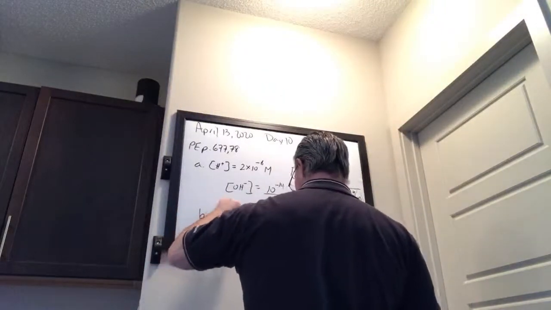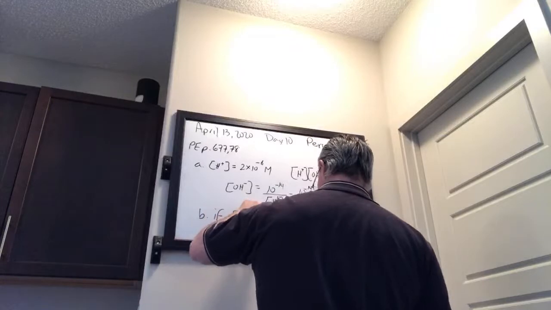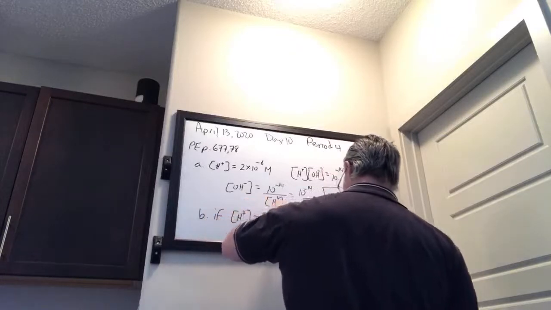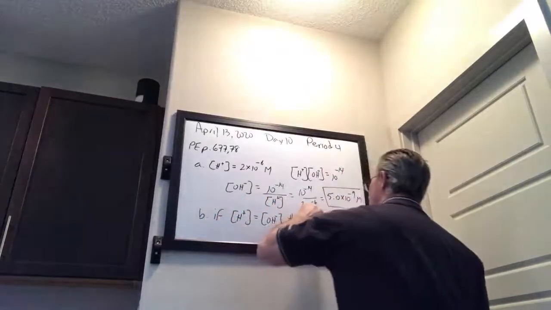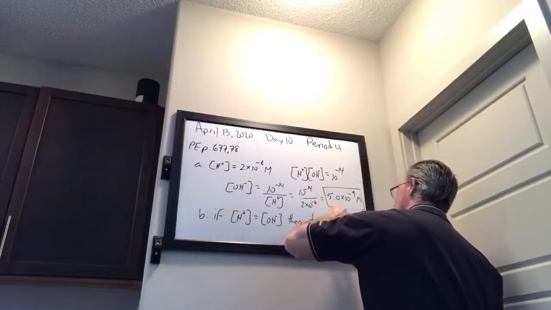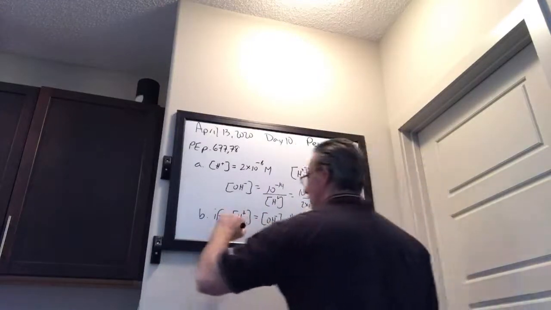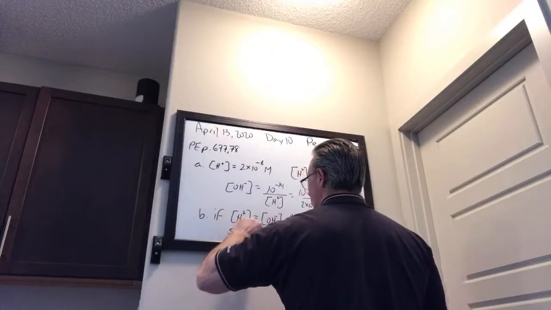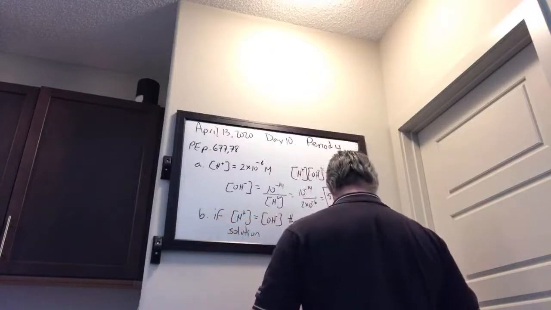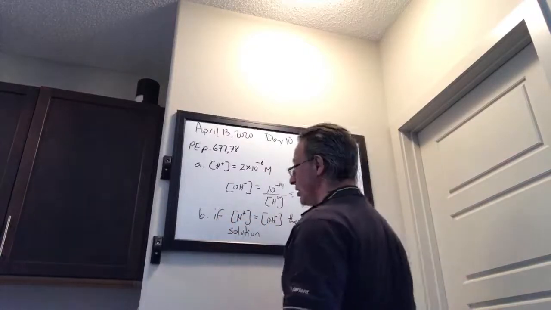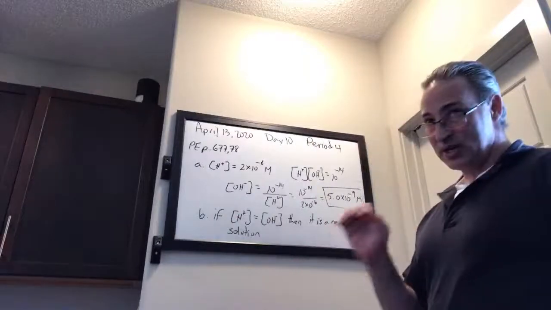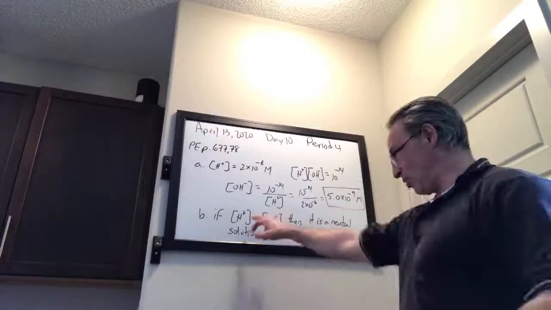If H plus equals OH minus concentration, then it is a neutral solution. And in neutral solution, you have 1.0 times 10 to the minus 7 of both of these guys.